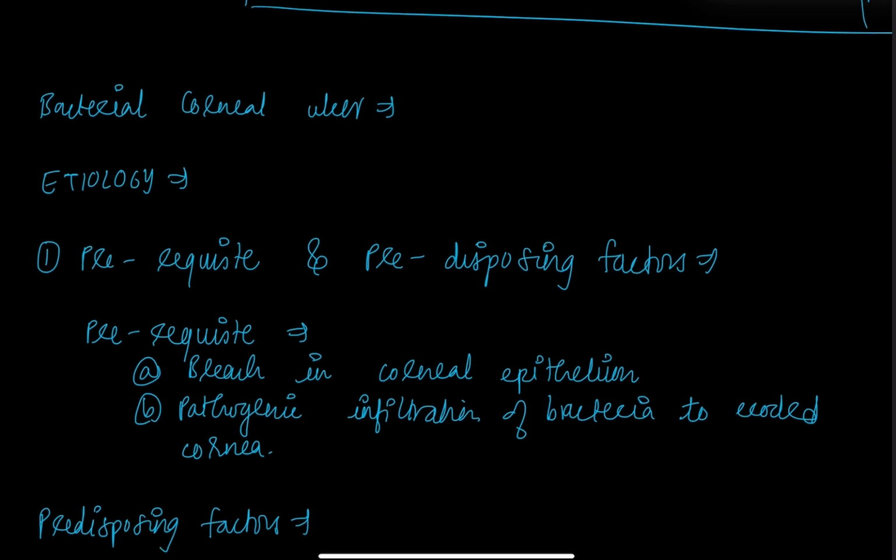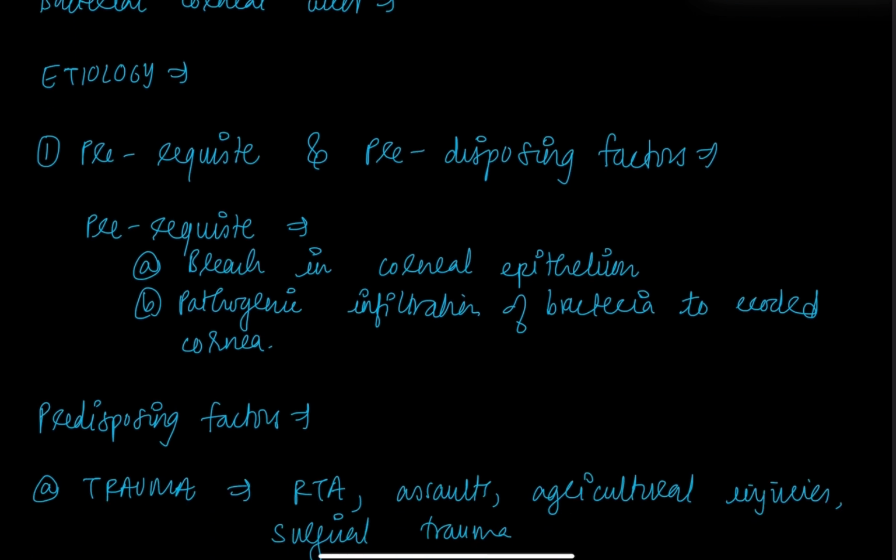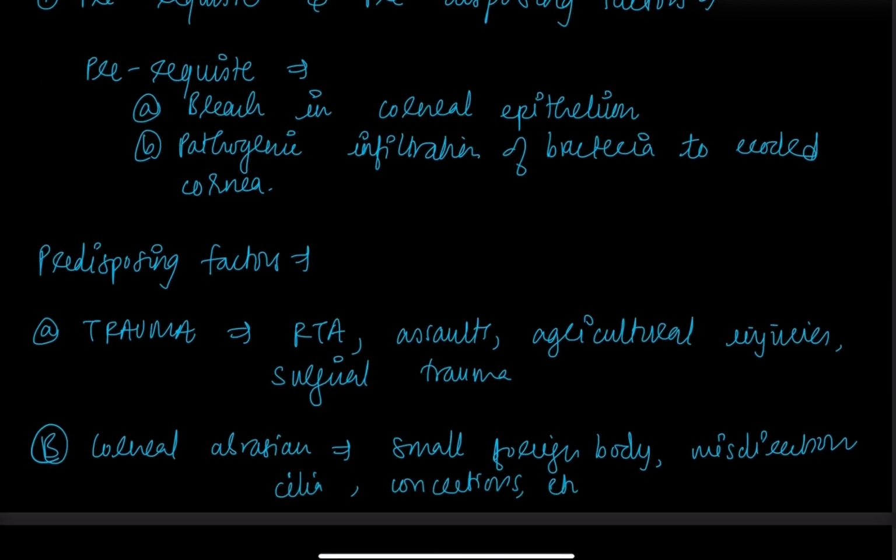A bacterial corneal ulcer, the first part is etiology. Etiology has two things: prerequisites and predisposing factors. The prerequisite factors are, first, there is a breach in the corneal epithelium, that is why we are calling it an ulcer, correct? And second is the pathogenic infiltration of bacteria to the eroded cornea.